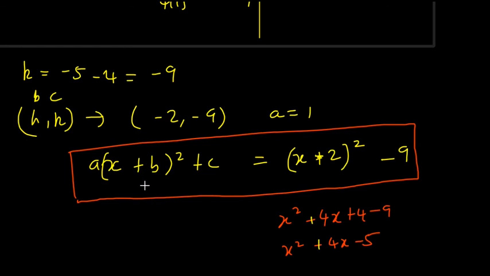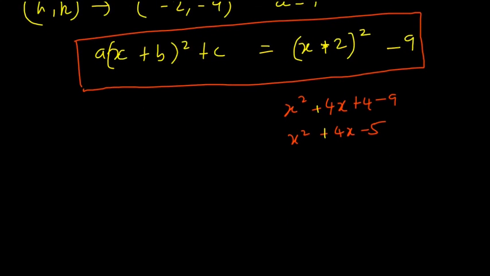This mistake comes into play because we are used to this form a(x minus h) squared plus k.